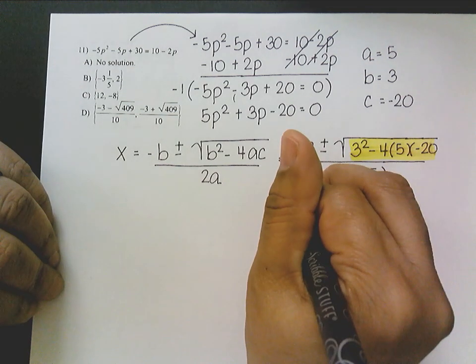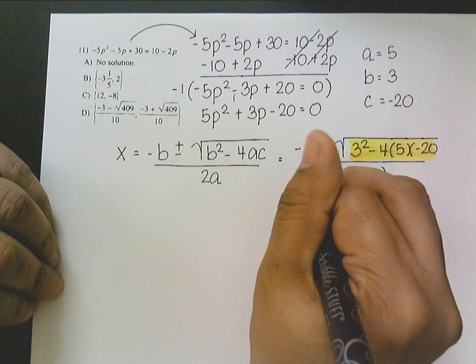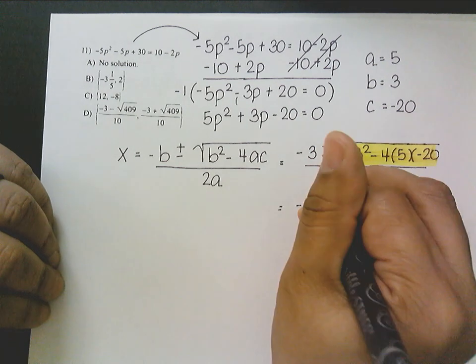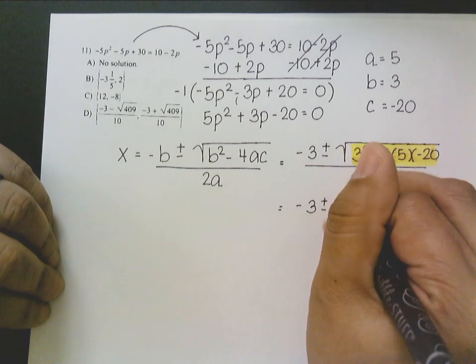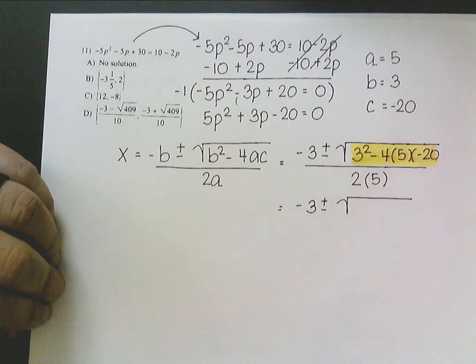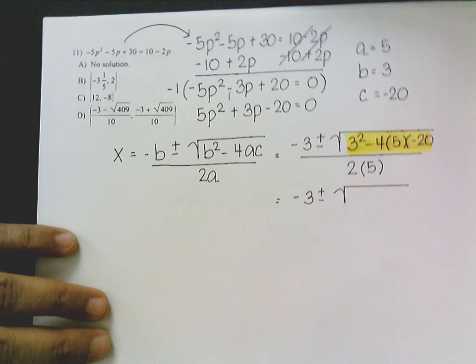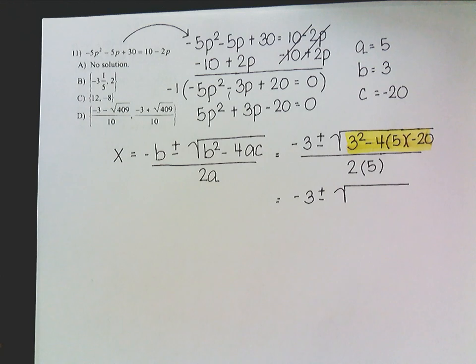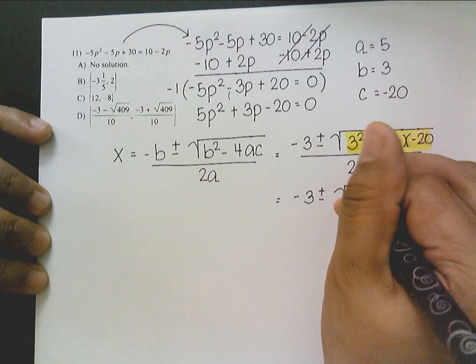So negative 3 plus or minus, and then inside the radical part, 3 squared is 9, and then a negative 4 times 5 is a negative 20. A negative 20 times a negative 20 is positive 400. So 9 plus 400 is going to give me 409.